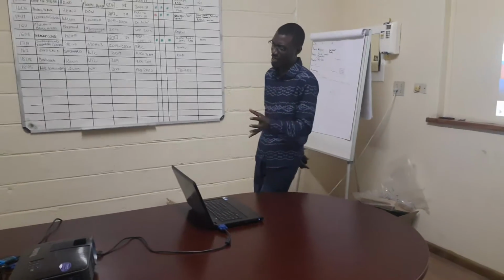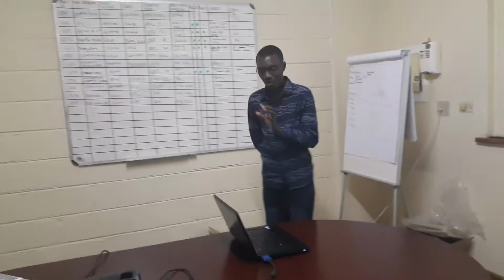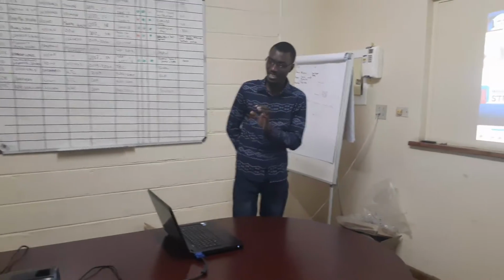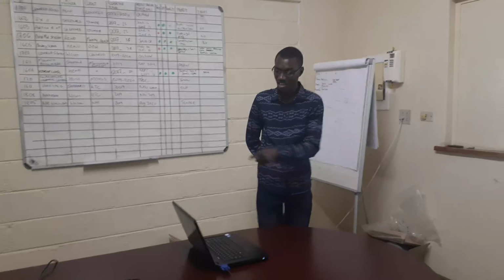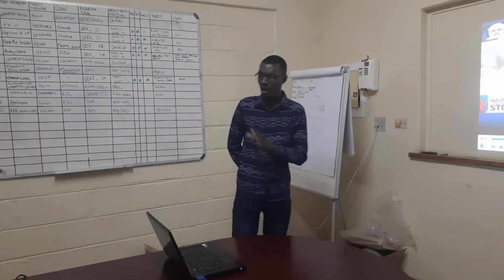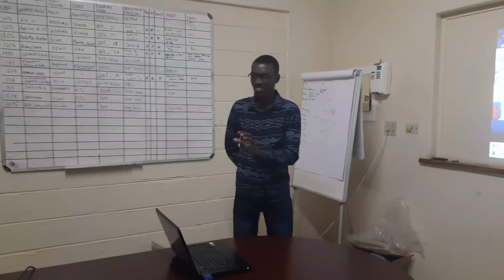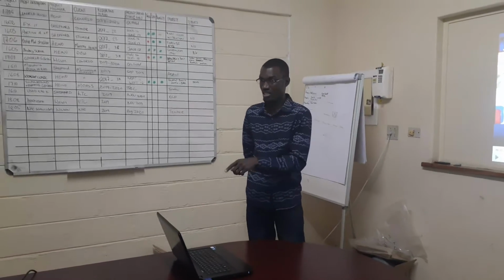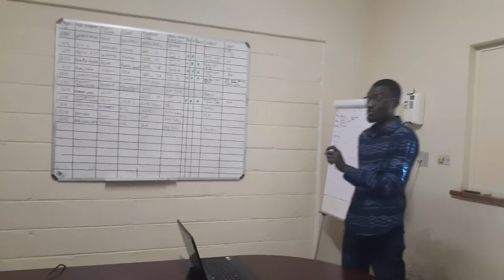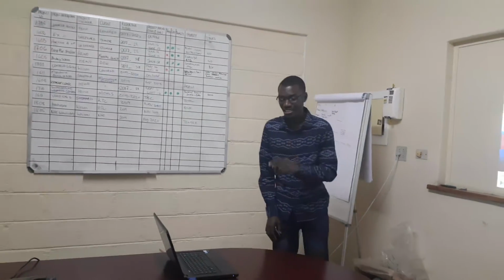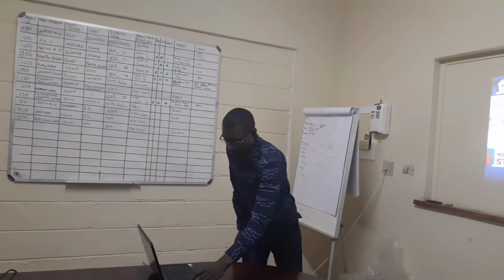In your own understanding, how can internet make life easier for these people? Imagine they're standing in long queues. Yes? Instead of standing in queues, they could have made use of internet banking. Exactly. And that is one use of internet. Okay? Internet banking.